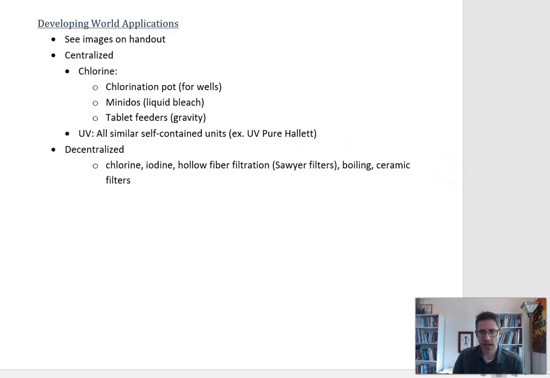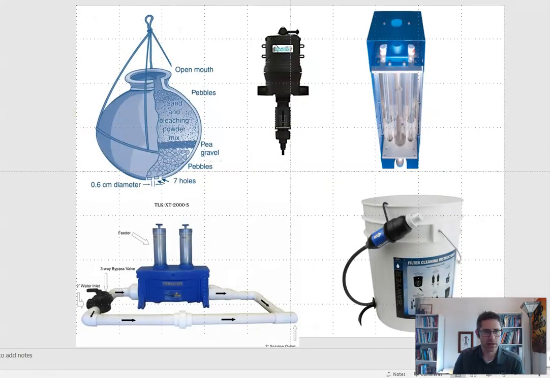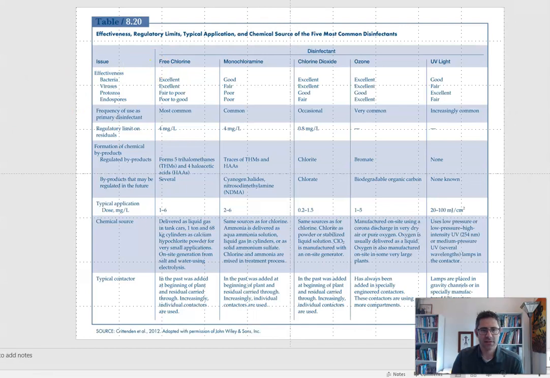Okay, so let's look at some handout material. This is a table from your book that looks at different kinds of disinfectants, free chlorine, chloramination, chlorine dioxide, ozone, and UV light, and looks at how effective they are at disinfecting these different kinds of organisms, how common they are, residuals.